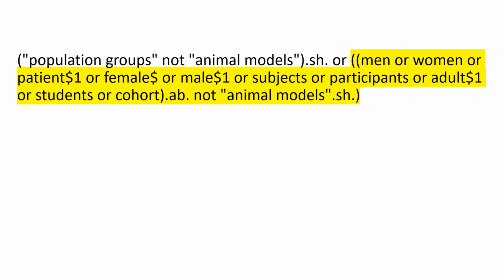So this one looks at words that researchers use to basically identify participants in a study: men, women, patients, females, males, subjects, participants, or adults, and also students or cohorts. And it takes all of those and again says we don't want anything that's focused on animal models. And so it casts a broader net.